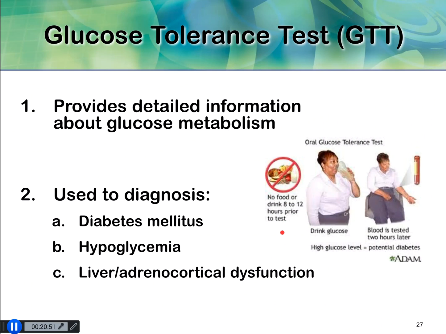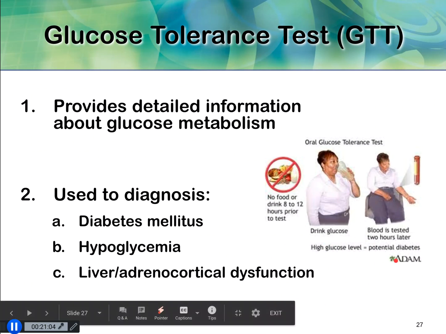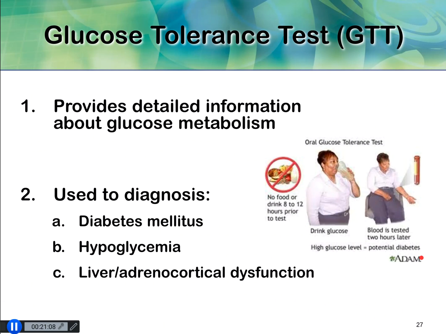So fasting state, no food or drink, I would say probably 12 hours prior, drinking that really sugary glucose drink, and then testing the blood 2 hours later. And if it's still high, then that's a potential diagnosis for diabetes.